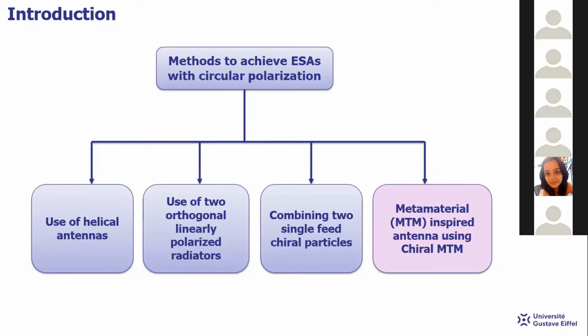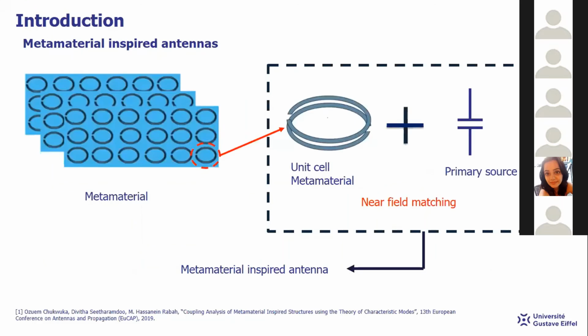Why? First of all, we know that electrically small antennas are not good radiators because they have low radiation resistance and high reactance. So many researchers have focused on the use of metamaterials. As a brief definition, a metamaterial can be defined as an engineered material characterized by its unique ability to handle electromagnetic waves and to enhance electrically small antenna performance.